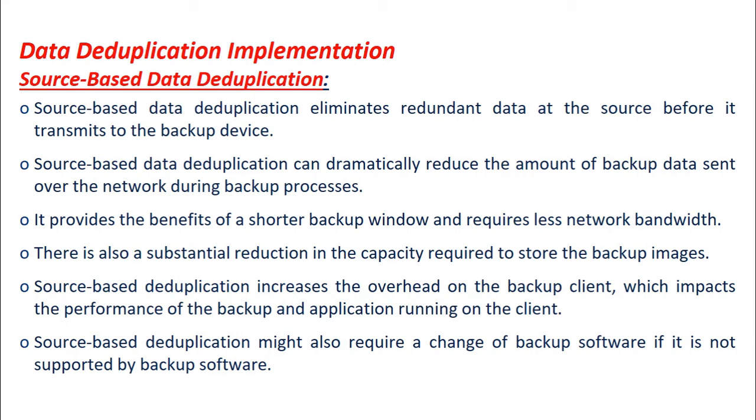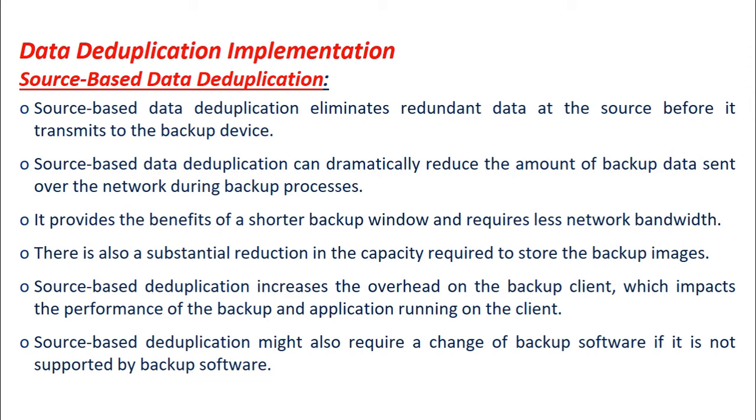It can dramatically reduce the amount of backup data sent over the network during the backup process. It provides the benefits of shorter backup window and requires less network bandwidth. There is also a substantial reduction in the capacity required to store the backup images.